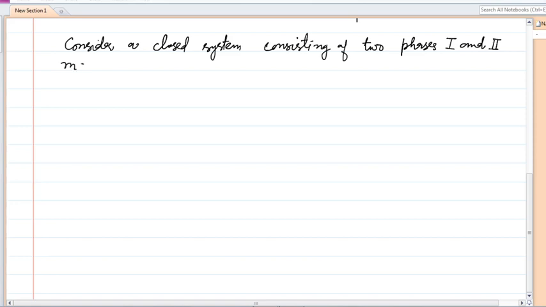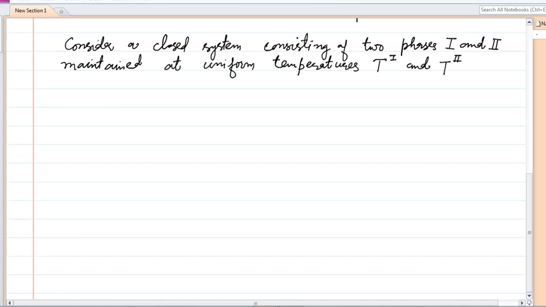But these phases are basically maintained at uniform temperatures. Suppose we will represent those temperatures as T1 for phase 1 and T2 for phase 2.